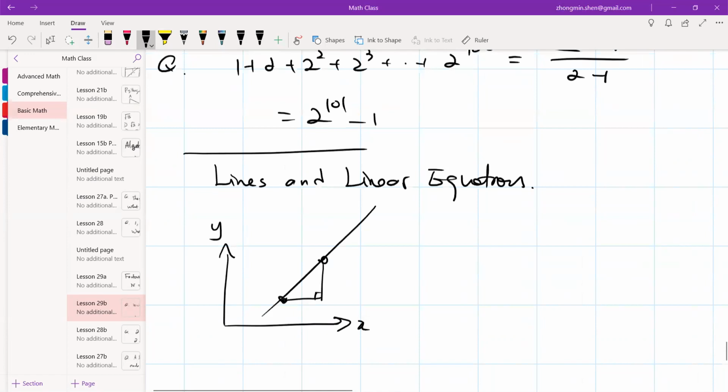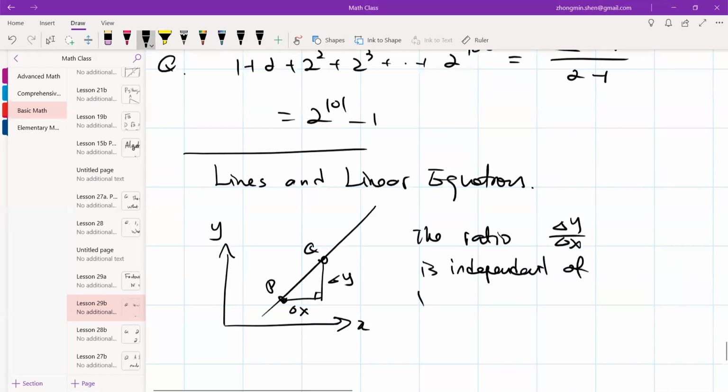You are going to learn this later. You find the change in y, the change in x. The ratio delta y over delta x is independent of the choice of P and Q on the line.